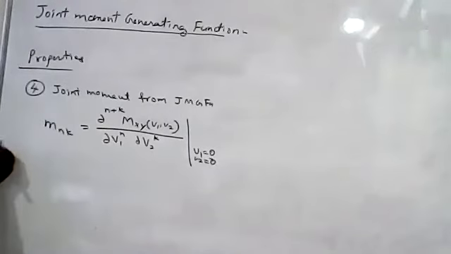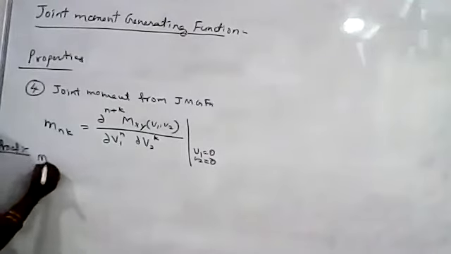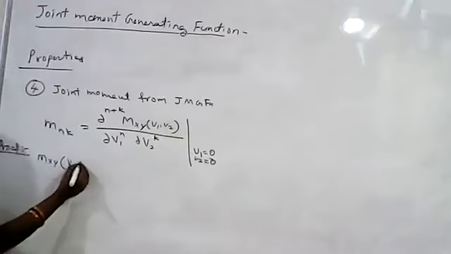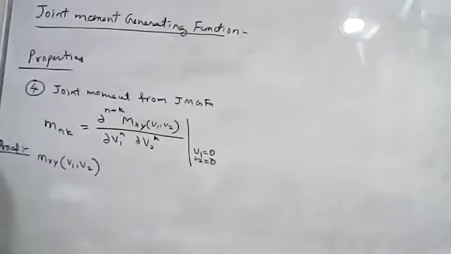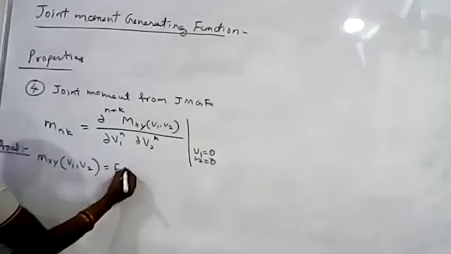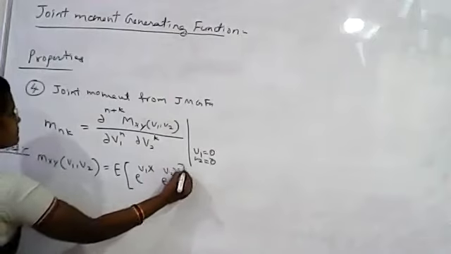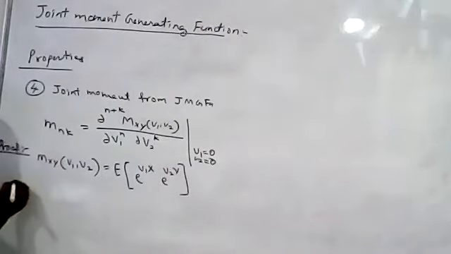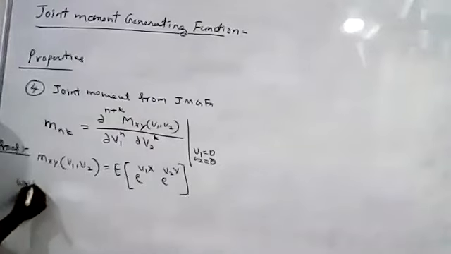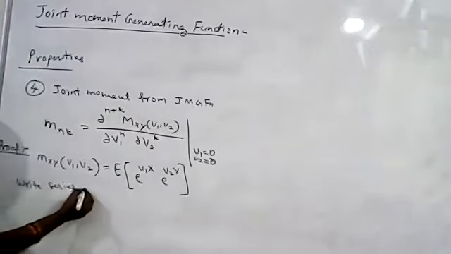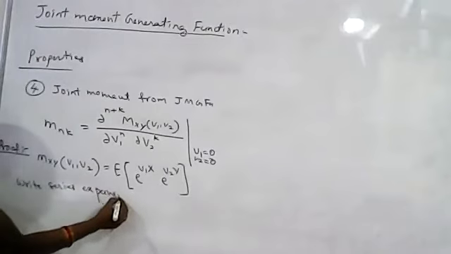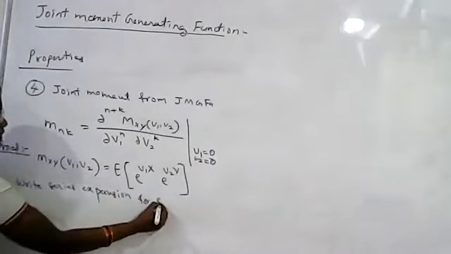Now let's see the proof of this. What is Mxy of v1 comma v2? Mxy of v1 comma v2 is equal to the expected value of e power v1x e power v2y. Now we write e power v1x and e power v2y in series expansion form for exponentials.